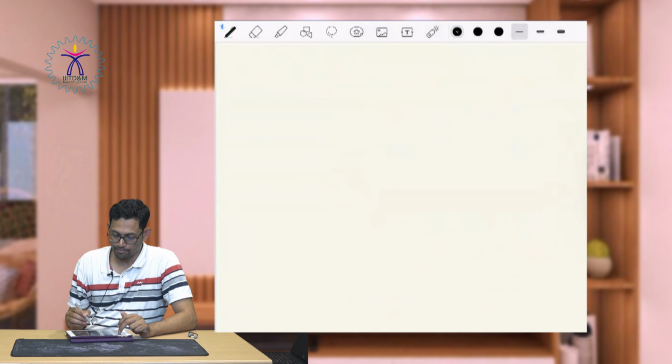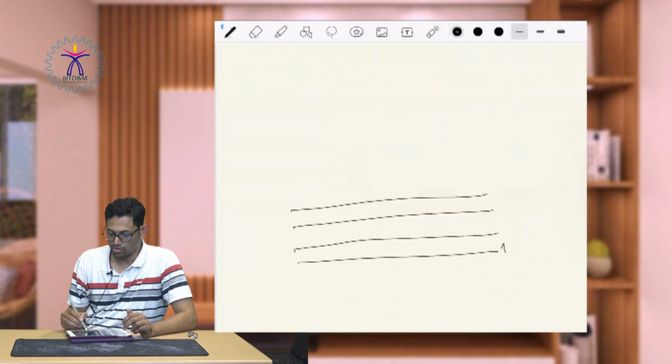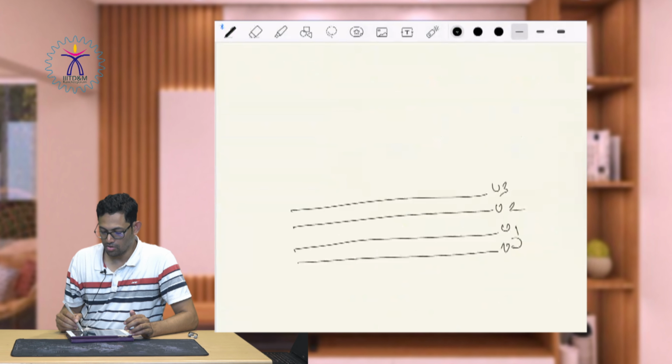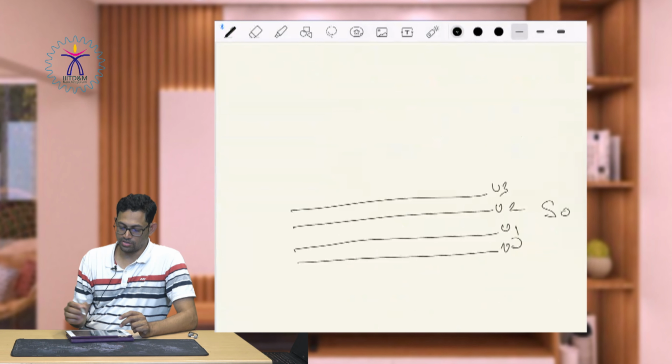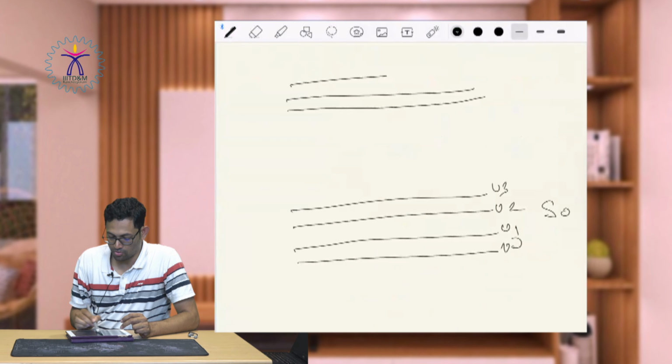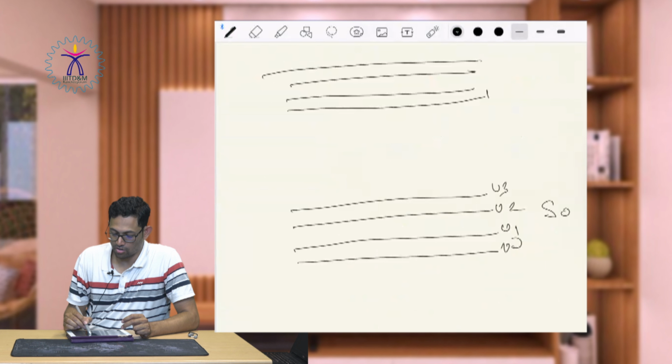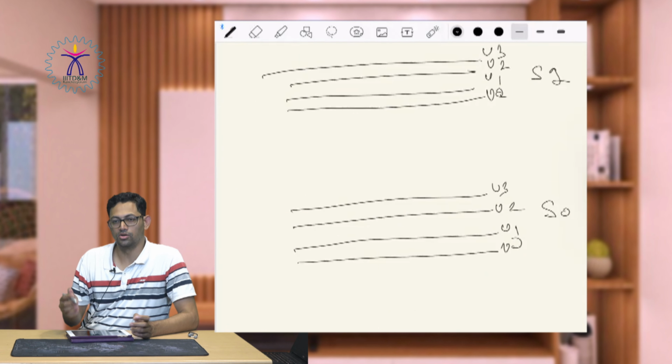Now you again have vibrational energy levels V0, V1, V2, V3 of your ground electronic state, and then another set of vibrational levels of the excited electronic state.